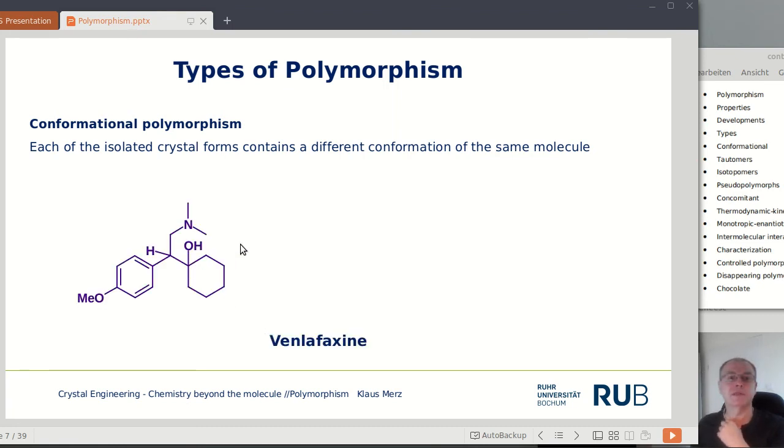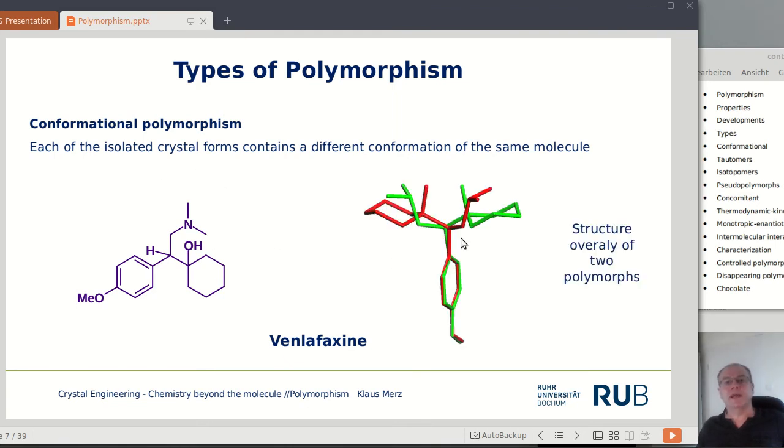For example, you have this compound here, venlafaxine. If you look at the crystal structure, or generally at the outcome of crystals we obtain and analyze, you will see you have two polymorphs. You will be able to get two polymorphs, and the difference is attributed to conformation.